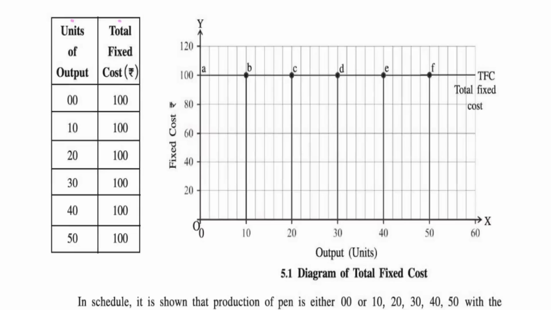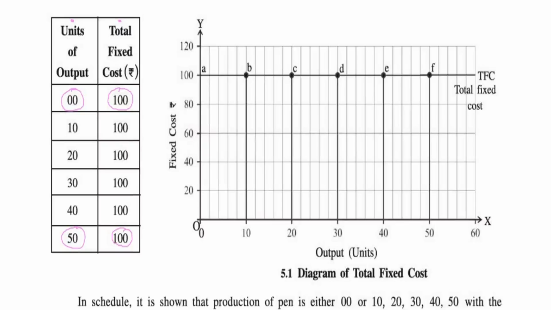Now see, when you are not producing anything, when the output is 0 units, still the cost is 100 rupees. Production has gone to 10 units, still your cost is 100 rupees. Production has increased and gone to 50 units. At that time also the cost is 100 rupees. So you see, when the production was not there, the cost was 100 rupees.